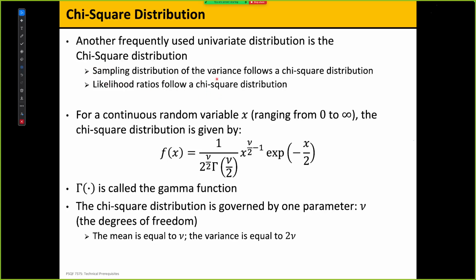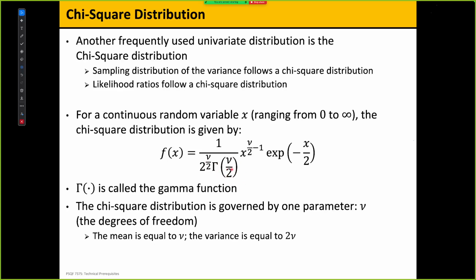Sometimes the sampling distribution of the variance follows a chi-square. Sometimes the likelihood ratio tests follow chi-square distributions. But for chi-square, the sample space, or the support for a random variable, is the positive numbers, so from 0 up to infinity. And the distribution function itself looks like this right here. 1 over 2 raised to the power nu over 2, that looks like a v, but it's the Greek letter nu, times the result of this function gamma.